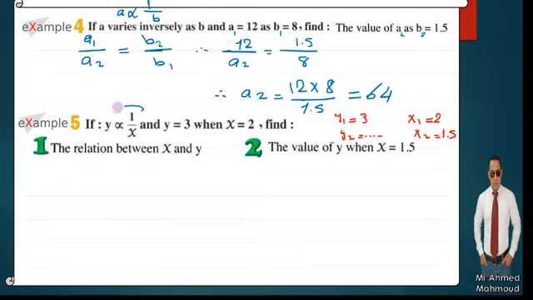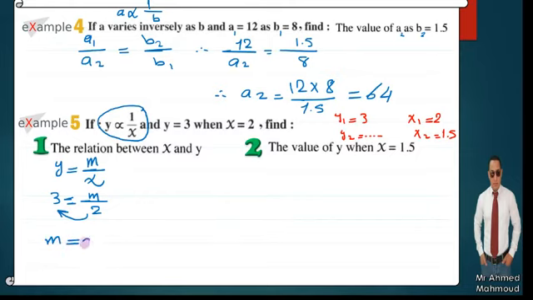Okay, the relation between x and y. First, since y varies as 1 over x, then y equals m over x. By replacing 3 and 2 from here, 3 equals m over 2, sending 2 there as times, then m equals 3 times 2, which is 6.